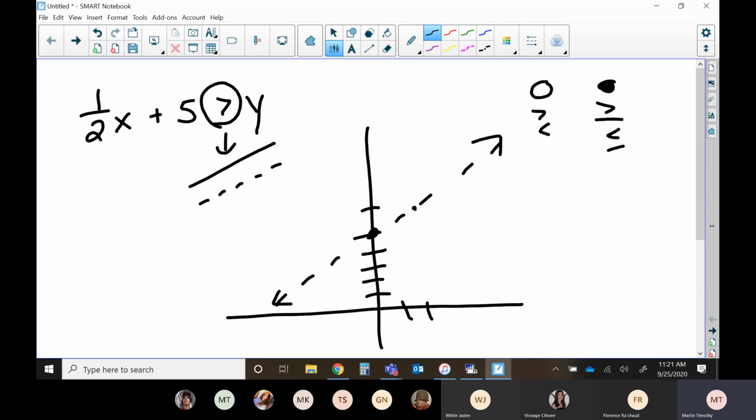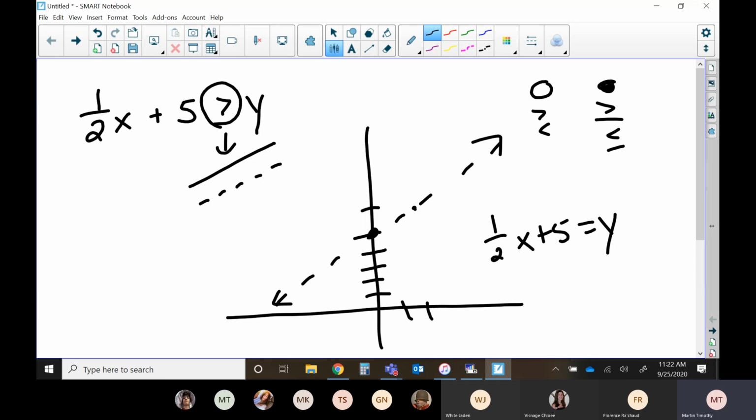Now here's my concept for you that I want you to think about. Why did I have to dash the line? What is the line? The line is where, didn't I graph this? Isn't that what I just graphed?